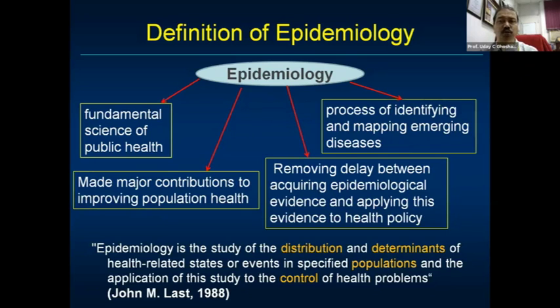So distribution is descriptive epidemiology. Determinant is analytic epidemiology. For example, let us say you found the disease is common in the population. Now you want to know, why is this disease common in the population? What are the factors causing this? So this is analytic epidemiology.